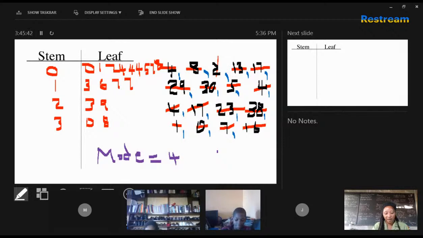We're adding all the numbers and dividing by 17. It's 17 numbers.